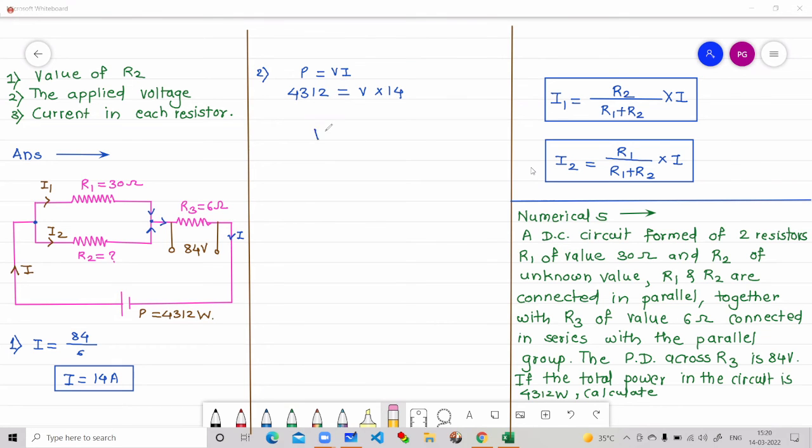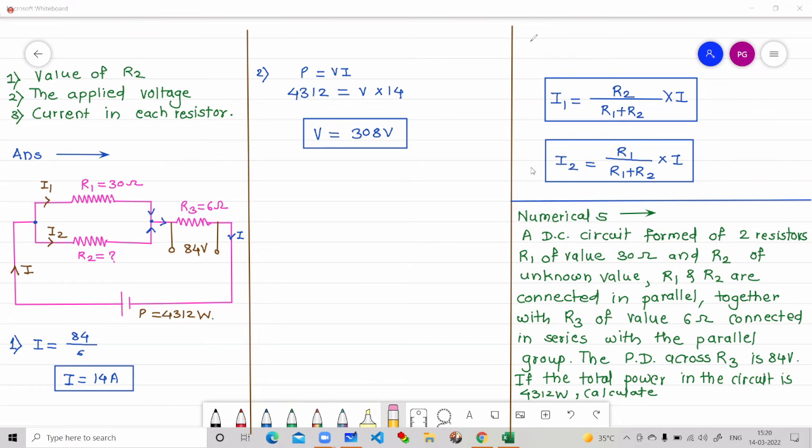So V will be equal to how much it is coming out to be? कर दो जरा मेरे लिए 4312 divided by 14. How much it is coming out to be? 308. 308 volt. Very correct. Now 308. See, this parallel combination and this resistance are in series. Right.